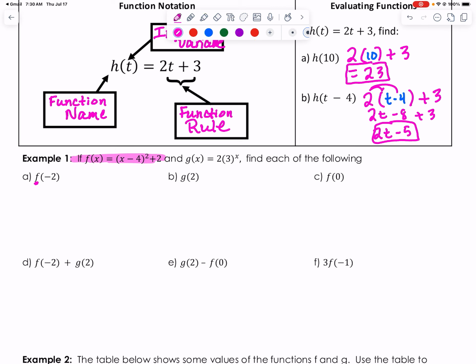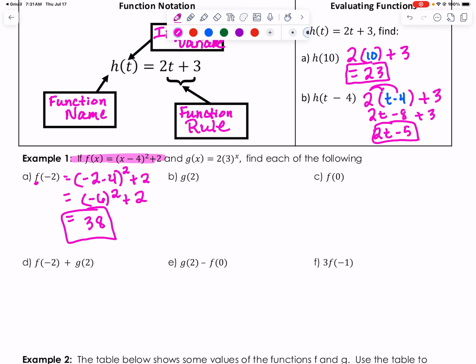So I'm going to take my function and plug in a negative 2 for the x. So we'd have negative 2 minus 4 squared plus 2. So this would give us negative 6 squared plus 2.